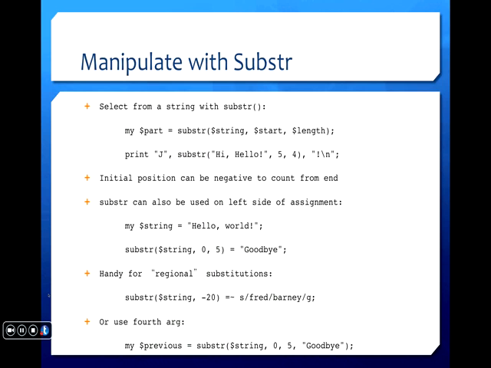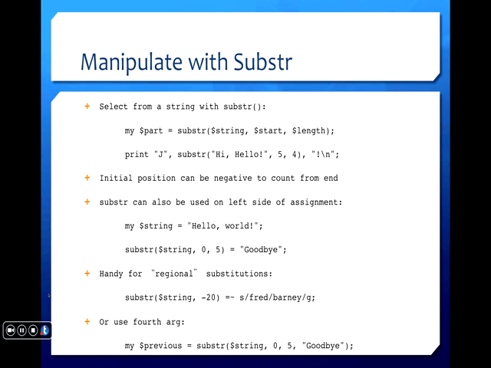I have "hi, hello!", and I'm saying start from index number 5 and bring me 4 characters. So it goes into the string, starts from the letter E, and brings back ELO. Now in my print function here, I started with G, so it's going to print GLO for me. If I start the initial position with a negative number, it's going to start from the end, as we saw before in other examples.